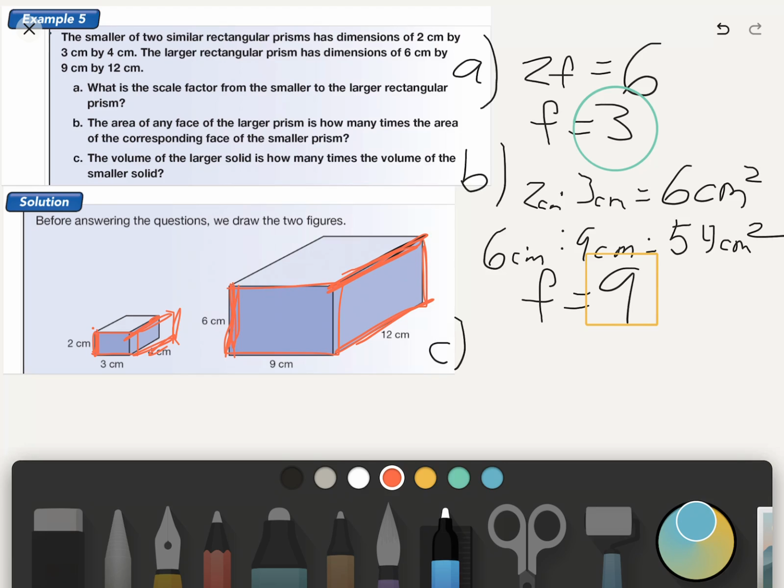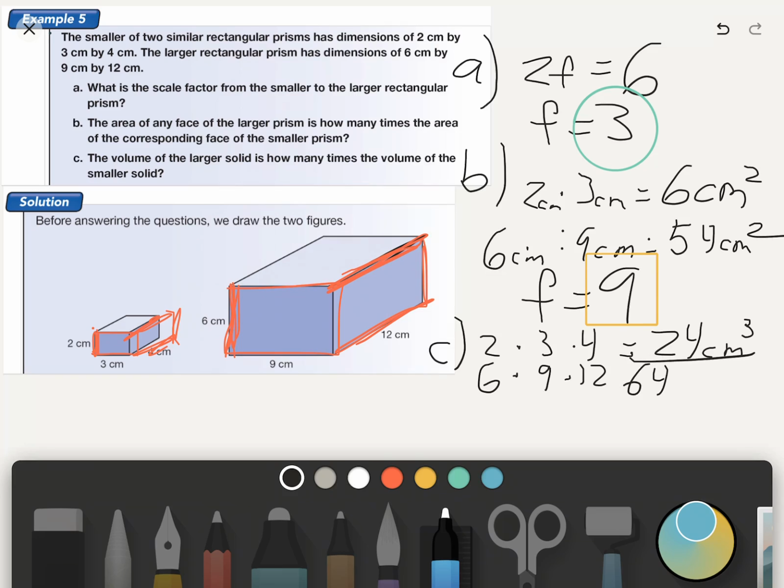So now we've got 2 times 3 times 4, which will get us 24 centimeters cubed, and 6 times 9 times 12 will get us 648 centimeters cubed.